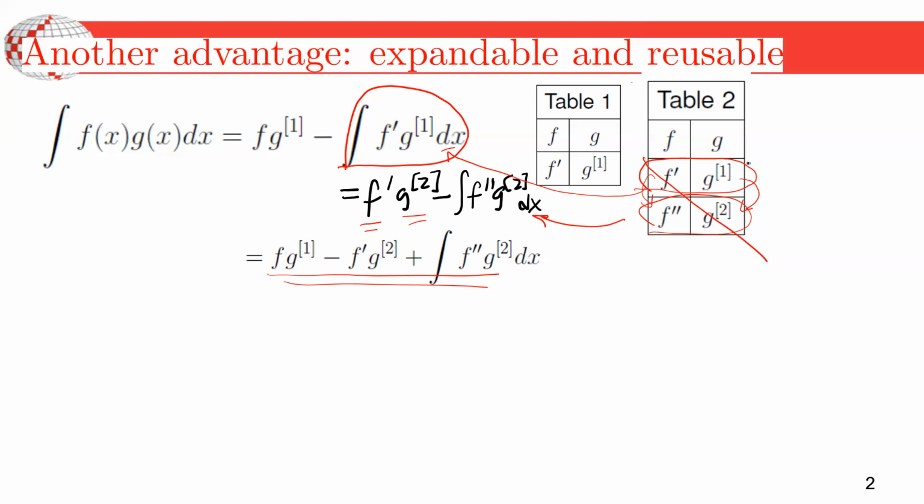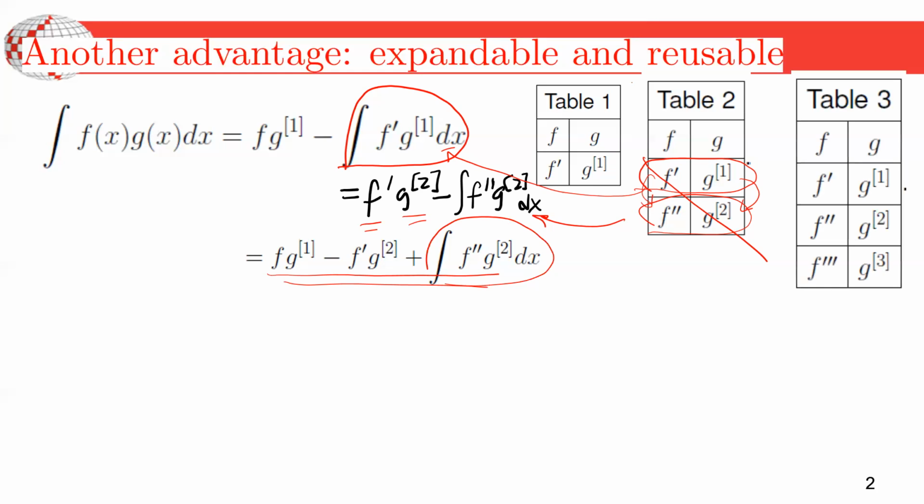Now, if we needed to continue to use integration by parts, and there are many cases where we do have to do this, we just expand this again by differentiating the second derivative to get the third derivative. By integrating g2, we get g3.